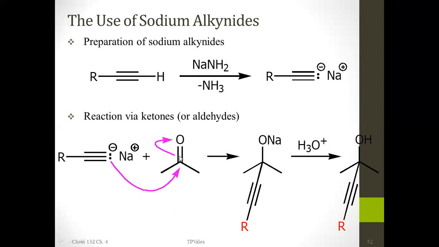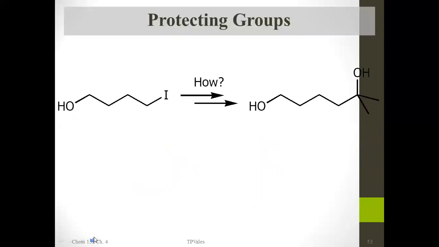After the attack, you have your O-, which can be paired with sodium, being negatively charged. And further, we can acidify with hydronium ion, so any acid, to get your alcohol. In this case, you get your alkyne in the structure of your alcohol.